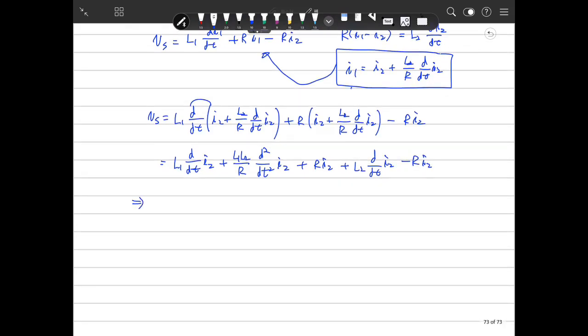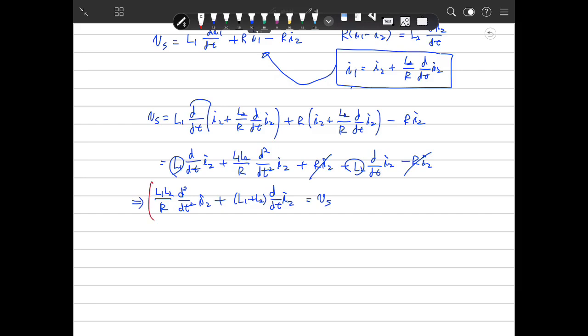Then we rearrange: L1 L2 over R d squared I2/dt squared plus L1 plus L2 dI2/dt, and you may think the R I2 terms are eliminated, so there will be Vs.